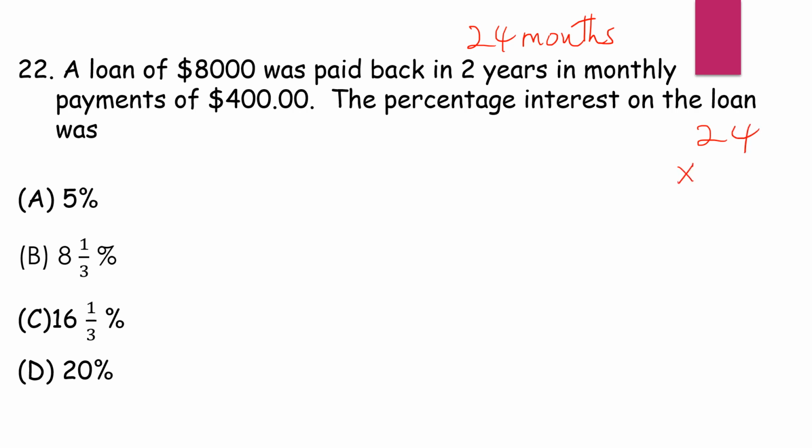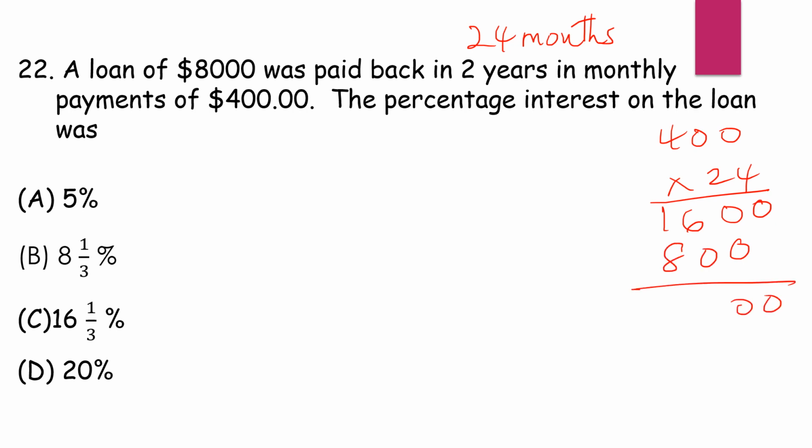Let's turn that around: 400 times 24. 4 zeros is 0. 4 zeros is 0. 4 fours are 16. 2 0 under the 10th column. 0, 8. That's going to give us $9,600.